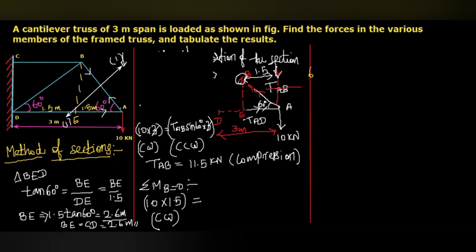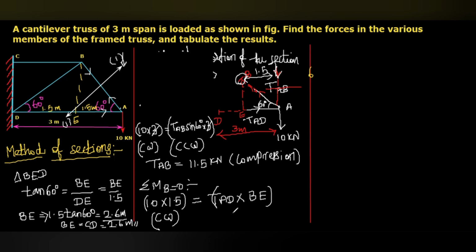TAD multiplied with BE will be counterclockwise. We take moment about B, TAD multiplied with the perpendicular distance BE. The BE we calculated already, 2.6.